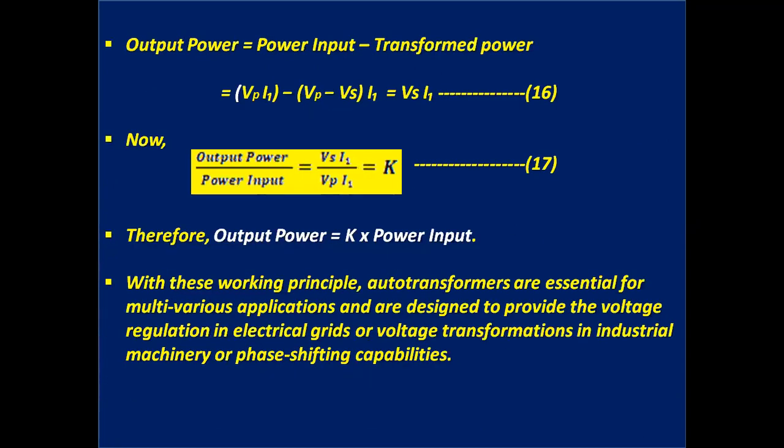Output power equals power input minus transformed power, Vp I1 minus Vp minus Vs I1, that is Vs I1. Now output power by power input, Vs I1 divided by Vp I1, equals K. Therefore, output power equals K into power input.